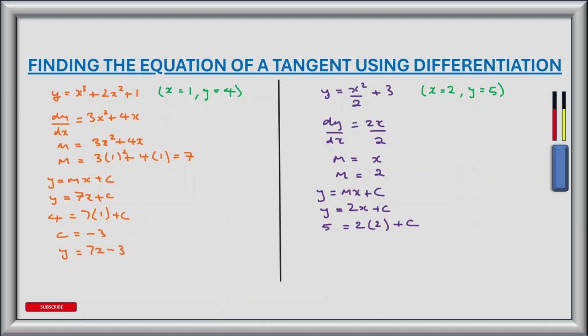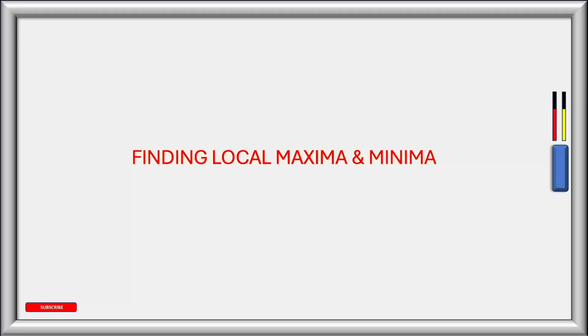So solving for c, we get c is equal to 1. So now if we put all this together, we have y is equal to 2x plus 1. This gives us the equation of the tangent to the curve y is equal to x squared divided by 2 plus 3 at the coordinates x equals 2 and y equals 5.